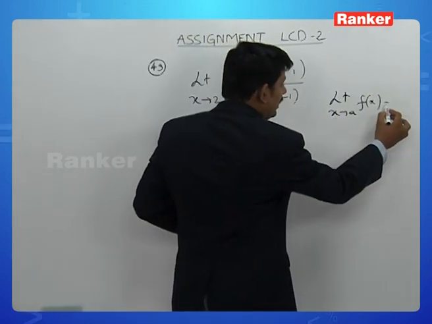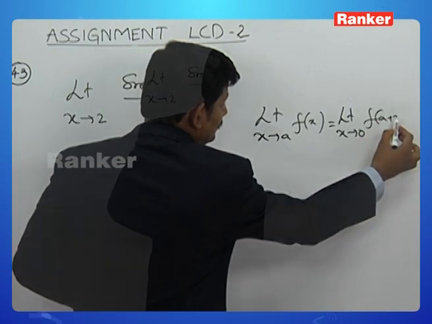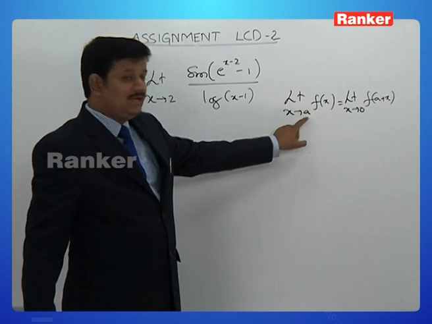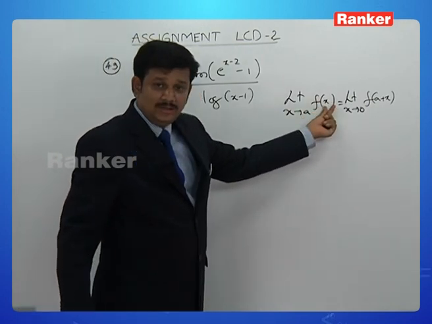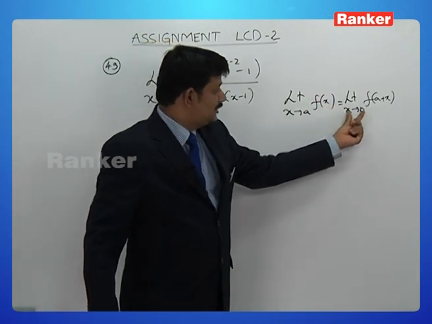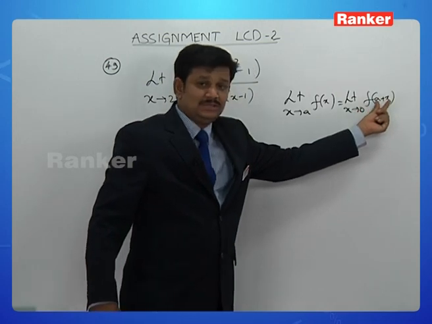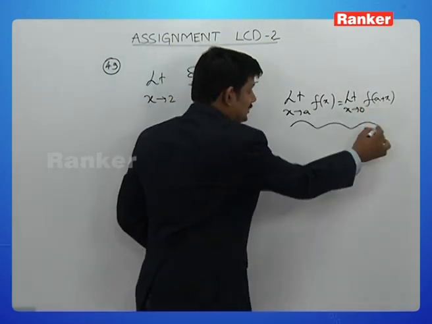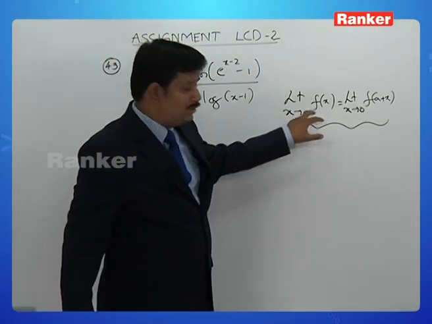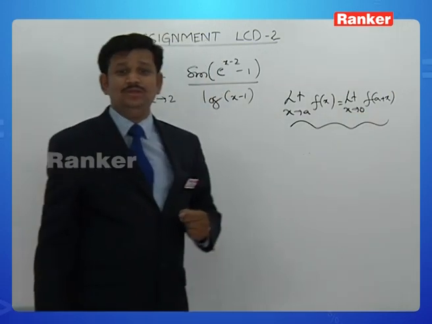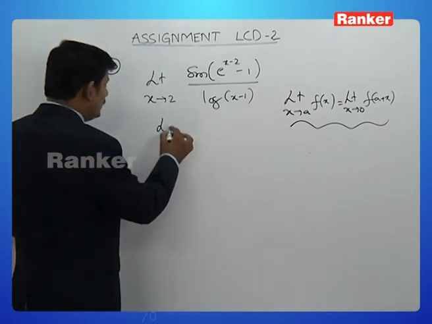So, this limit will be the same as the limit as x tends to 0 of f(a + x). In the limit as x tends to a of f(x), the quantity inside f is tending to a, and in the limit as x tends to 0 of f(a + x), the quantity inside f is again tending to a. So, these two limits are one and the same. Whenever we want to convert a limit tending to a to a limit tending to 0, this is a very useful identity. So, let us convert this limit into limit tending to 0 format.